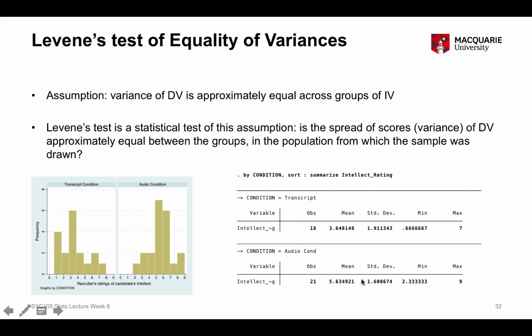The audio group has a standard deviation of 1.6. So we can see that they are relatively similar. The transcript group has slightly more variation than the audio group. So what Levene's test can do for us is to see if this is a substantial difference between the spread of scores, the variability of scores, or whether they're approximately even.